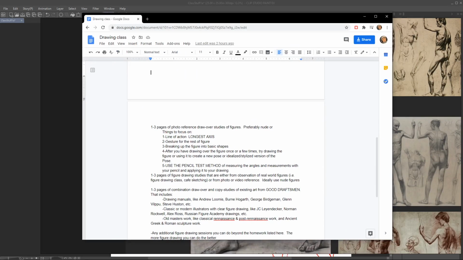Homework is 1 to 3 pages of photo reference draw over studies of figures, preferably nude or partly clothed. Things to focus on: I want you to focus on the line of action and the longest axis of a figure, and the figure's parts, the longest axis of the parts.